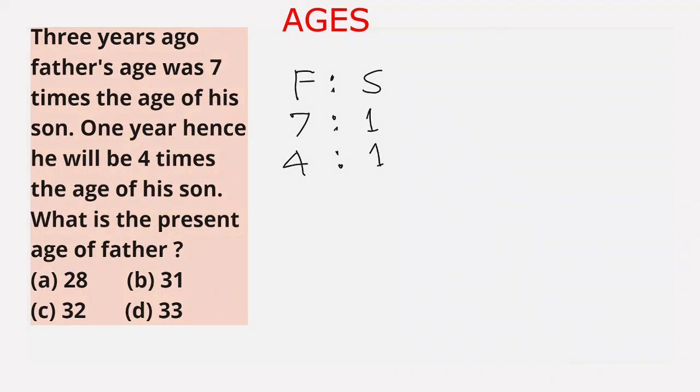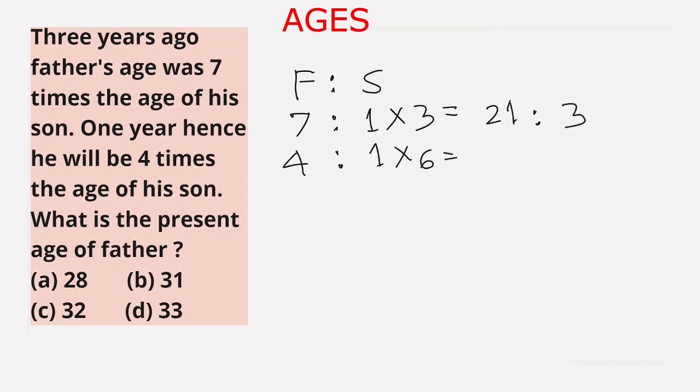So I multiply the difference of 4 and 1, which is 3, to 7:1, and the difference of 7 and 1, which is 6, to 4:1. This gives us 7 times 3 is 21 and 3 times 1 is 3.